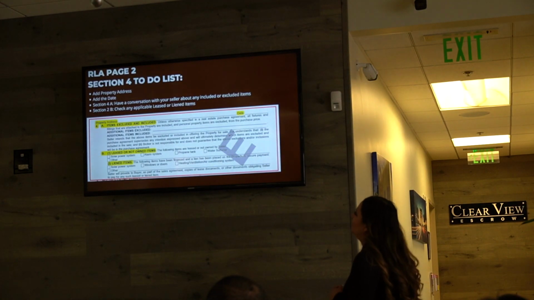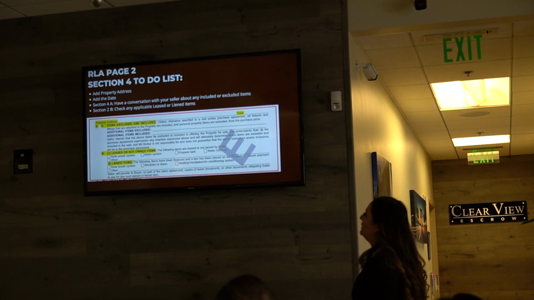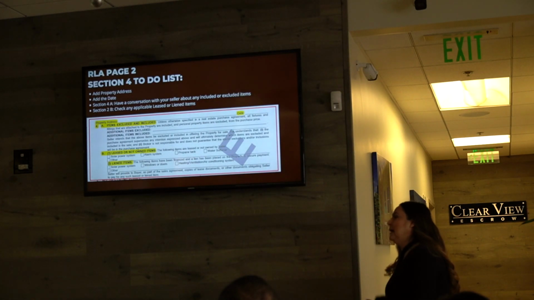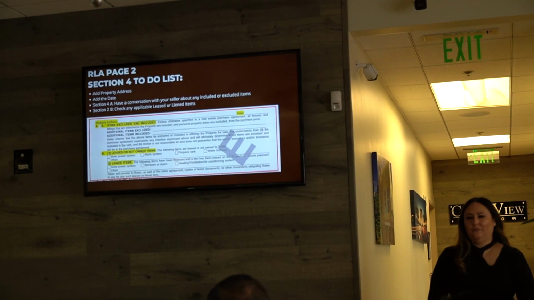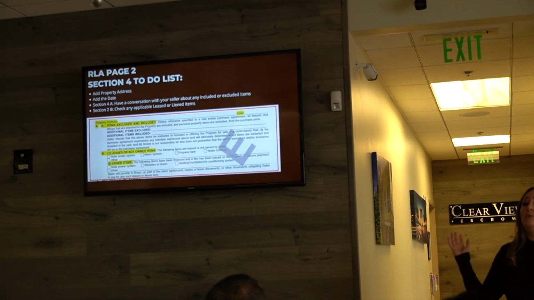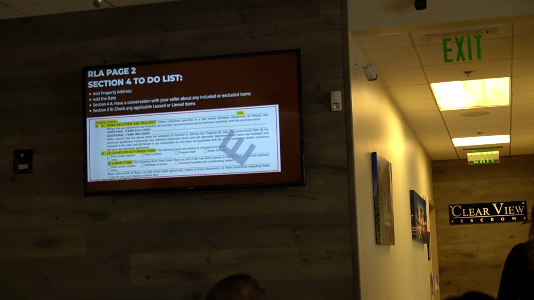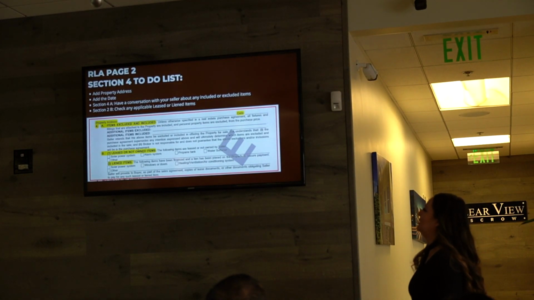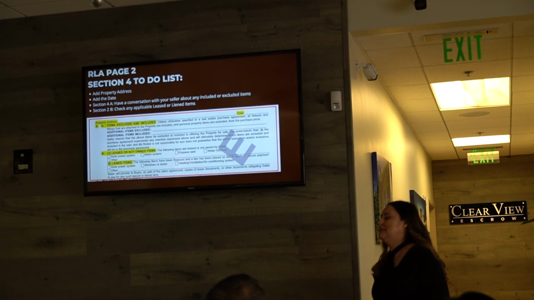Another important conversation we should be having with our sellers is about any items excluded or included in the property. For example, I had a listing a few years ago where my seller wanted to keep their chandelier. It was a memento for them, they had a personal connection to it. So I had to make sure that it was included in our listing agreement.